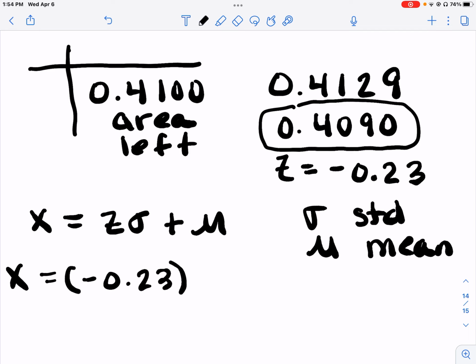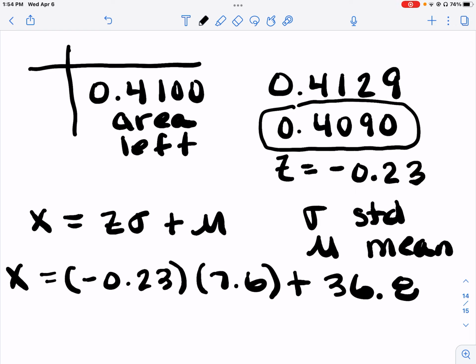The standard deviation was given in the problem, 7.6. The mean was given in the problem, 36.8. Multiply and then add, we get 35.052. And that's all of the review.